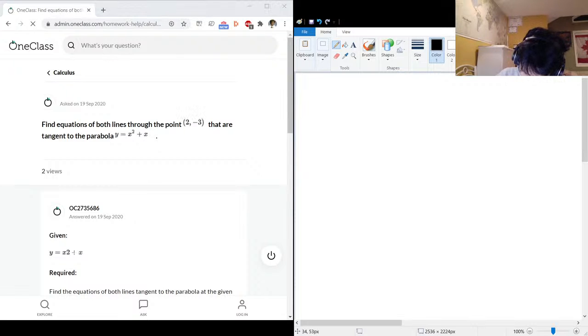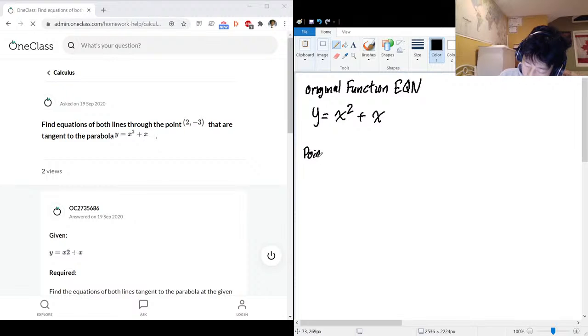So the original function equation is y equals x squared plus x. And the point of interest, let's call that P, is at (2, -3).